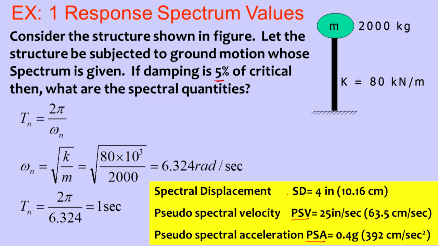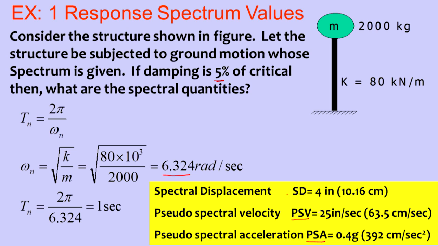Stiffness is given, 80 kilonewton per meter, and mass is also given, 2000 kg. So the result is 6.324 radians per second, the natural frequency of the system. Now I substitute that 6.324 here, 2 pi by 6.324, that is 1 second. So the natural period of this system is 1 second. Now for 1 second, these are the corresponding displacement, velocity, and acceleration values.